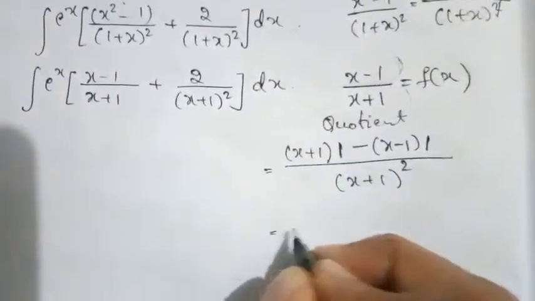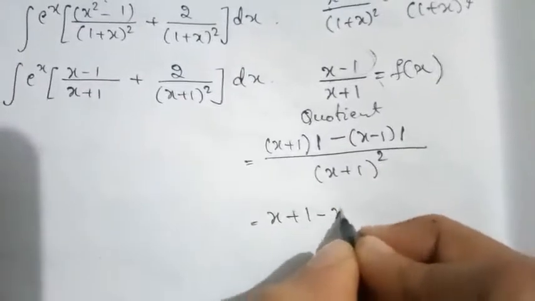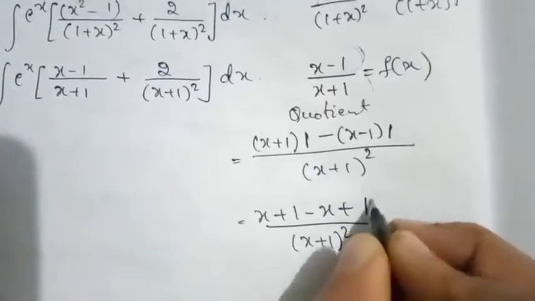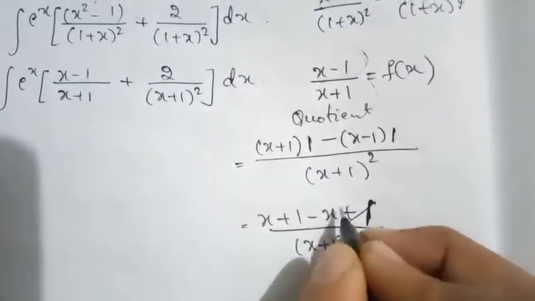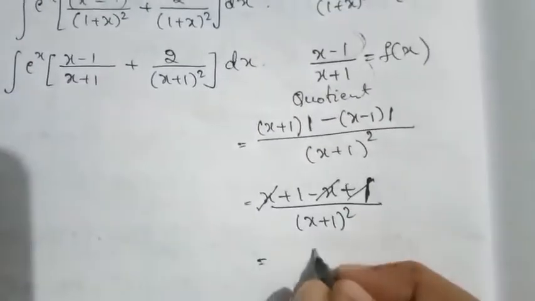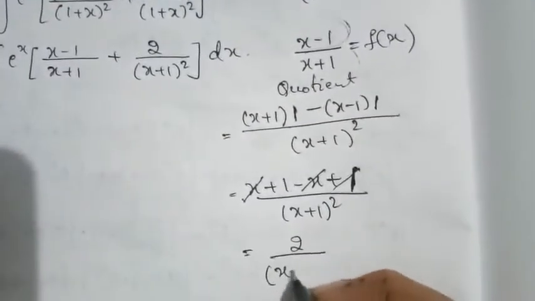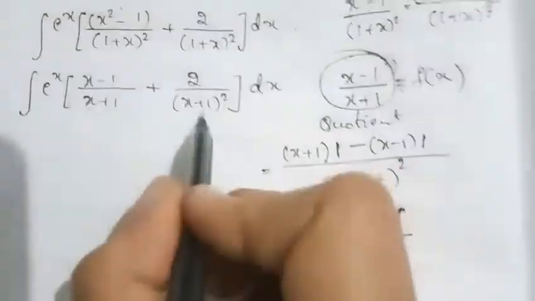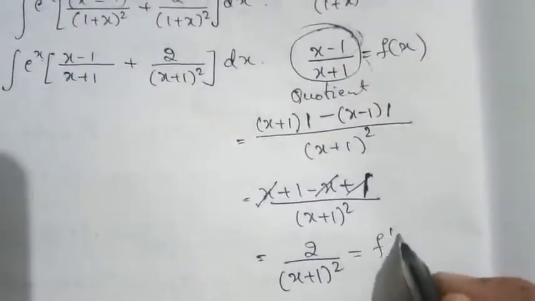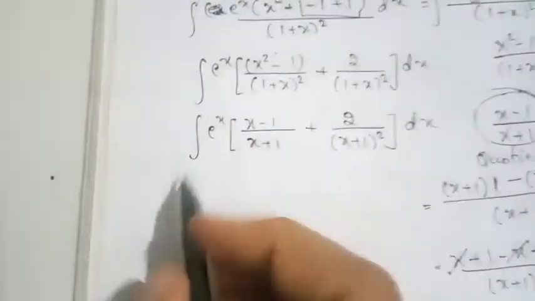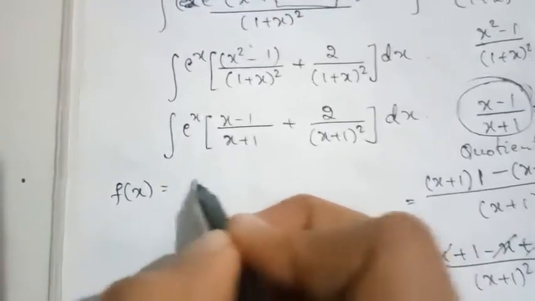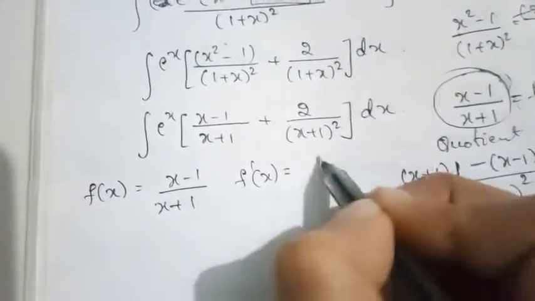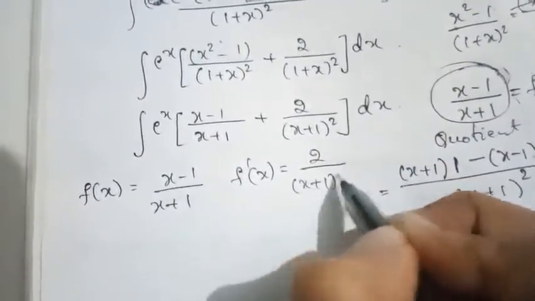So x plus 1 minus x, minus into minus plus 1, divided by x plus 1 whole square. Minus x plus x gets cancelled, remaining is 1 plus 1, it is 2 divided by x plus 1 whole square. So clearly here f of x is equal to x minus 1 divided by x plus 1 and f dash of x is equal to 2 divided by x plus 1 whole square.